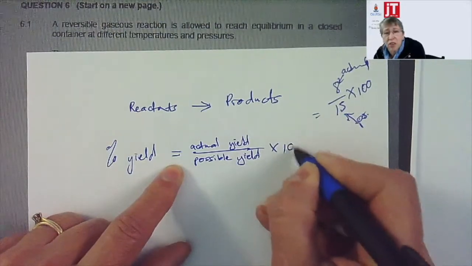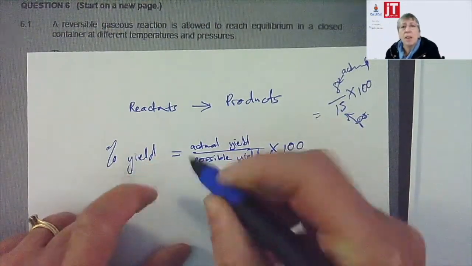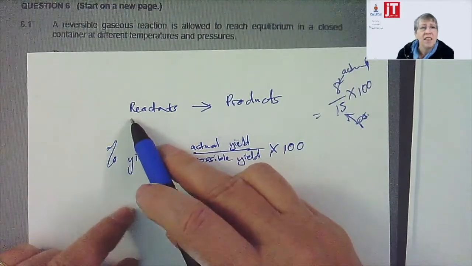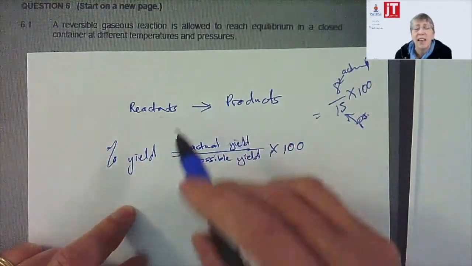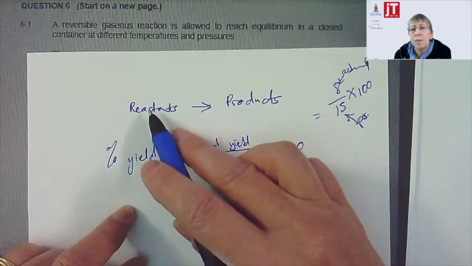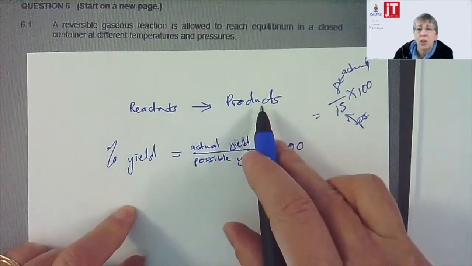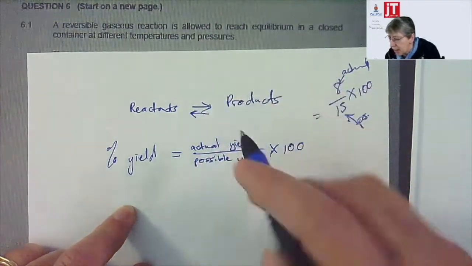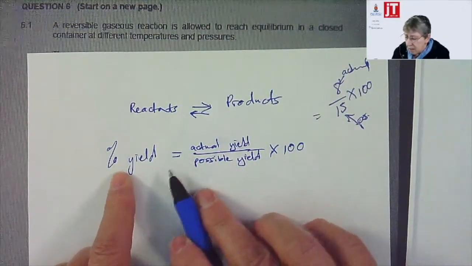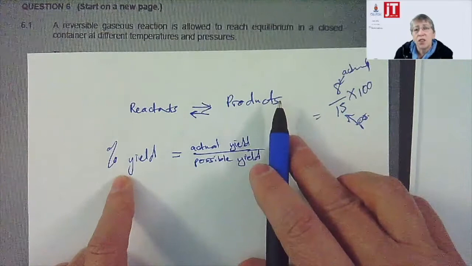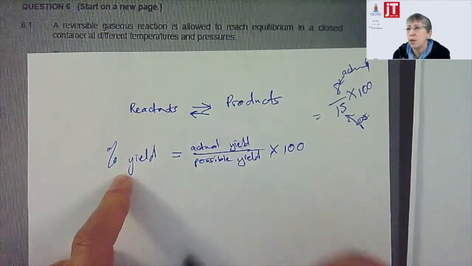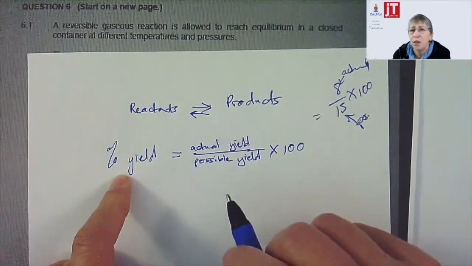and times 100. Now remember, if it is a single arrow, it means that everything that can react will react, and all the limiting agent will react, and that will determine your product. But the moment you have a reversible reaction, as soon as you've made the first product, it will start decomposing as well, doing the reverse reaction.